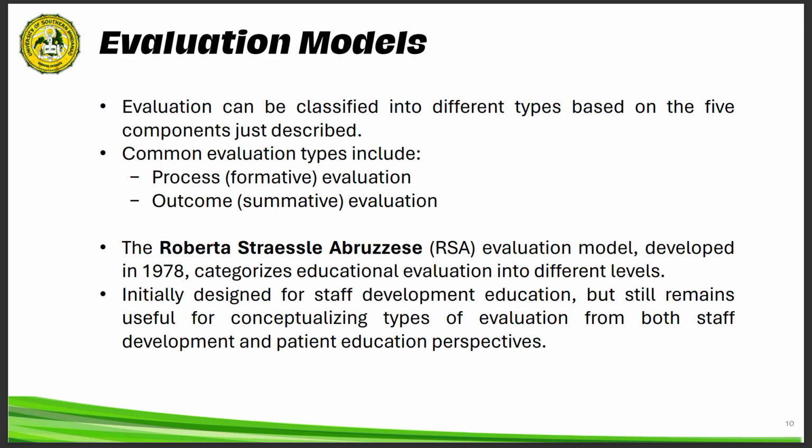So now we have the evaluation model, the Roberta Straessle Abruzzese or RSA evaluation model, developed in 1978 that categorizes educational evaluation into different levels. It was initially designed for staff development education, but still remains useful for conceptualizing types of evaluation from both staff development and patient education perspectives.